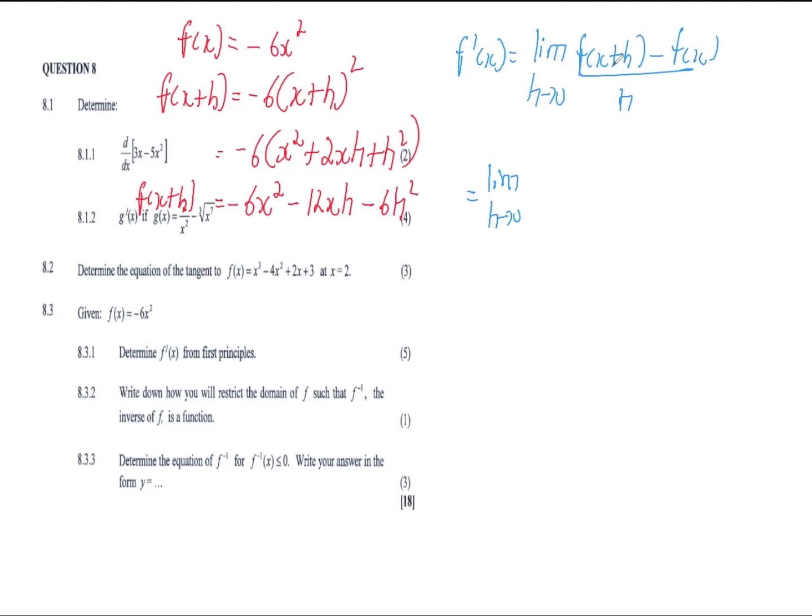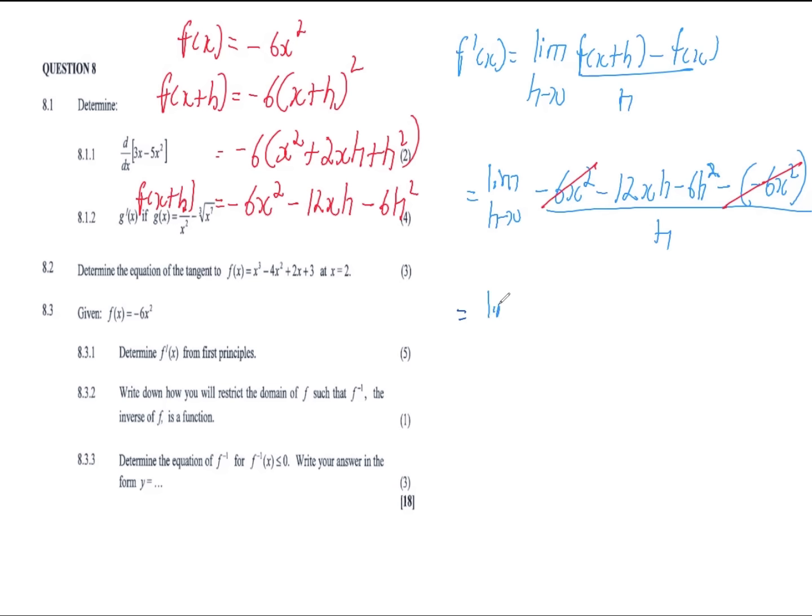And then let's replace this by the expression of f of x plus h, -6x squared minus 12xh minus 6h squared, then minus the expression of f of x, which is just -6x squared, over h. Right? Now what happens is that this will obviously cancel out with all of that because negative and negative will become positive. So, yep.